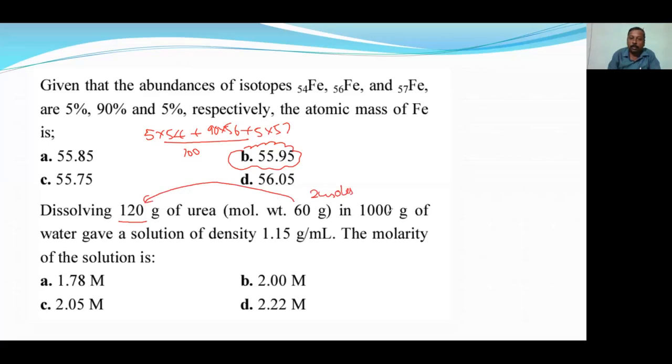Okay. Then dissolving 120 grams, a fancy number, 120 by 62 moles. How many moles? 2 moles in 1000 grams of water gave a density of 1.5. So, direct formula.